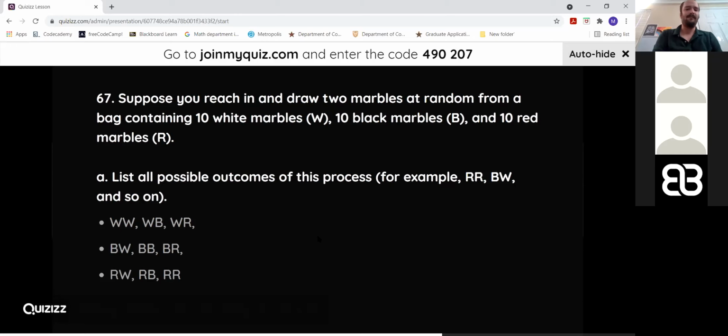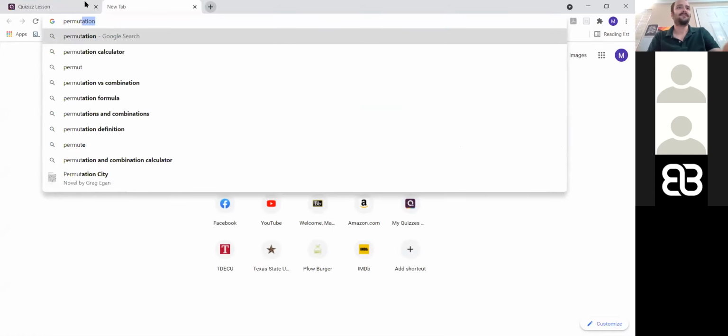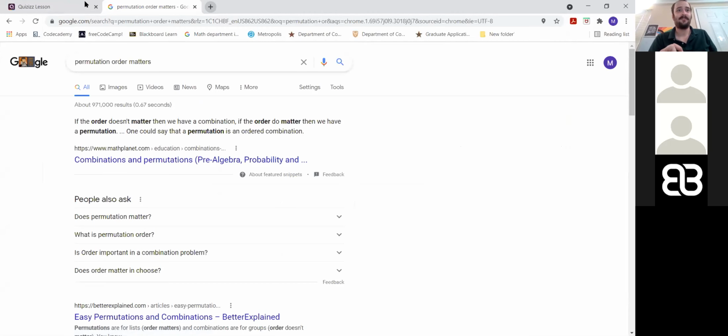Permutations and combinations is what they call them. I had to refresh myself on which is which. I guess let's do it. Permutation. Order matters. Order matters on permutations. So these would be permutations.